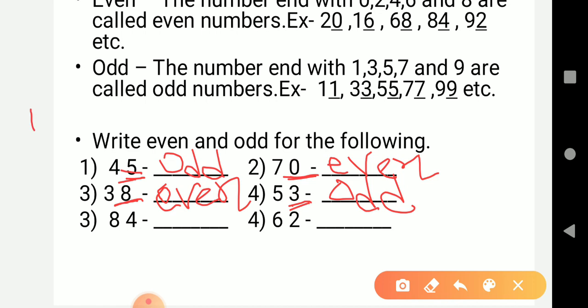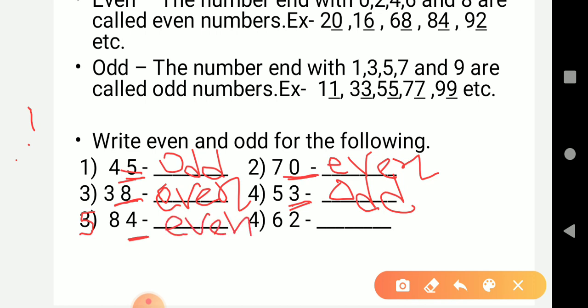Next number is the fifth number, 4 in the ones place, so it is an even number.